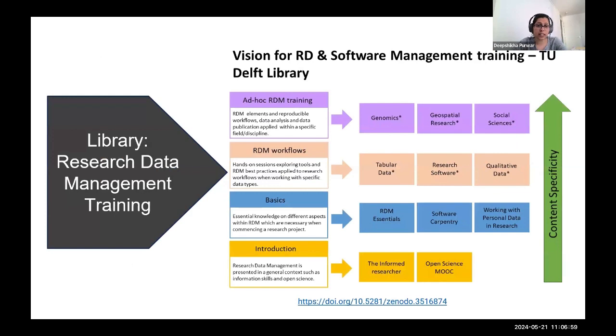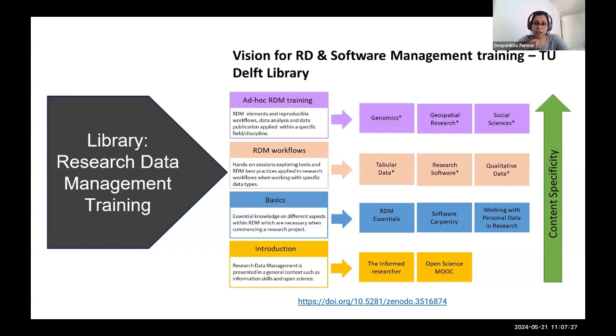Then we have the training, that is RDM training provided by the library. For the training, the library takes the approach of going from a very basic or introductory level of understanding on RDM and software management to content specific trainings. Introduction can involve very informed researchers, and the basics can have RDM essentials, software carpentry.